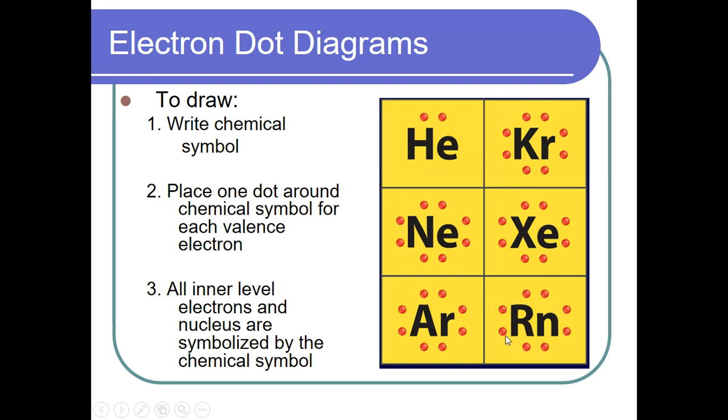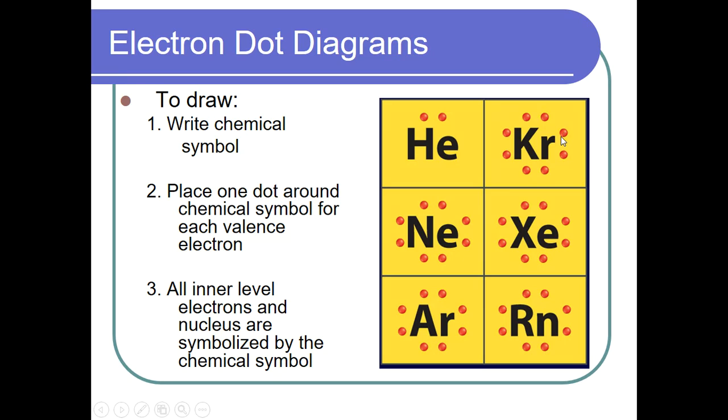Typically, you draw an imaginary box, not a real box, around the symbol, and on each side you put 2 electrons. Helium only has 2, so I only put them on the same side. So you fill them in. If you had something that had 3, you would write 1, 2, 3, and that would be it.